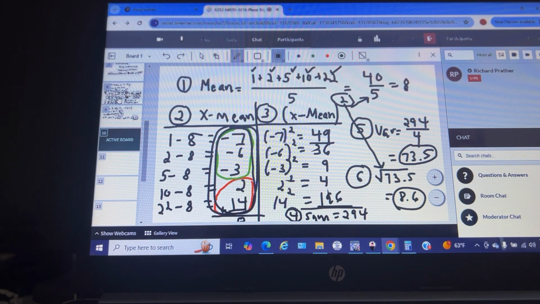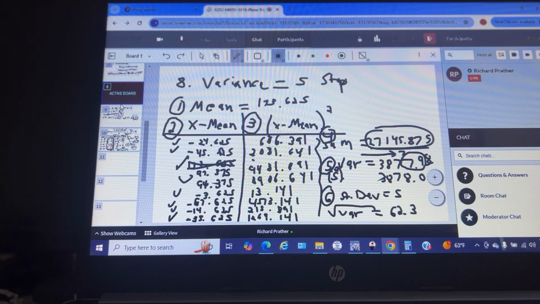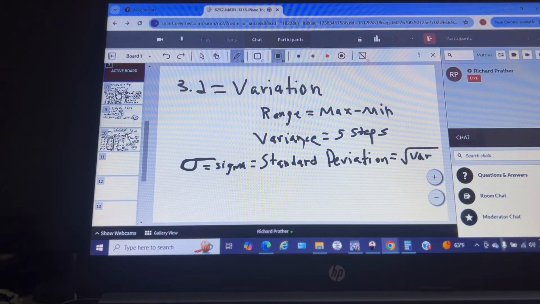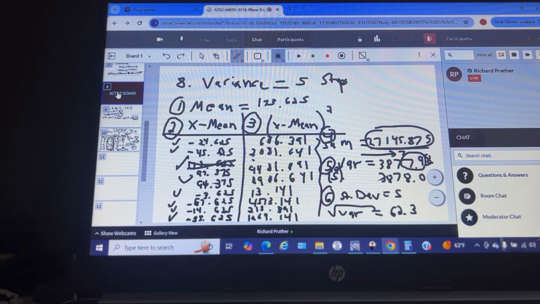So the problem I was trying to do, number 8, before my phone just suddenly cut off on its own, I may have done the range first. Maybe the problem didn't ask for range. But yeah, we could have done range first. And then this is when I was doing variance. I found the mean first, but it was a real messy decimal.